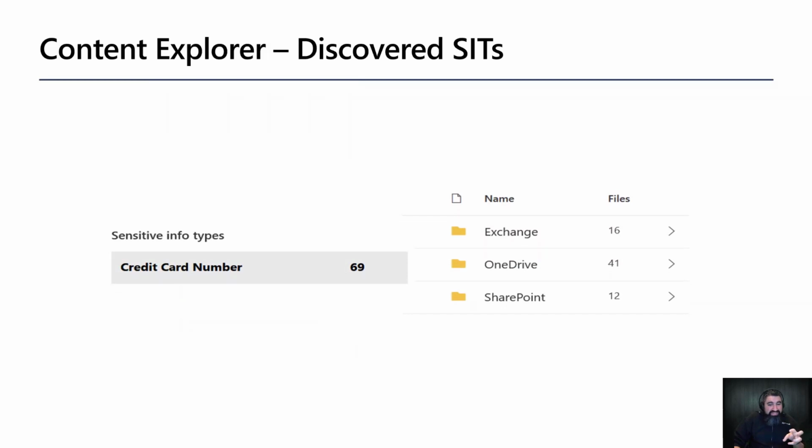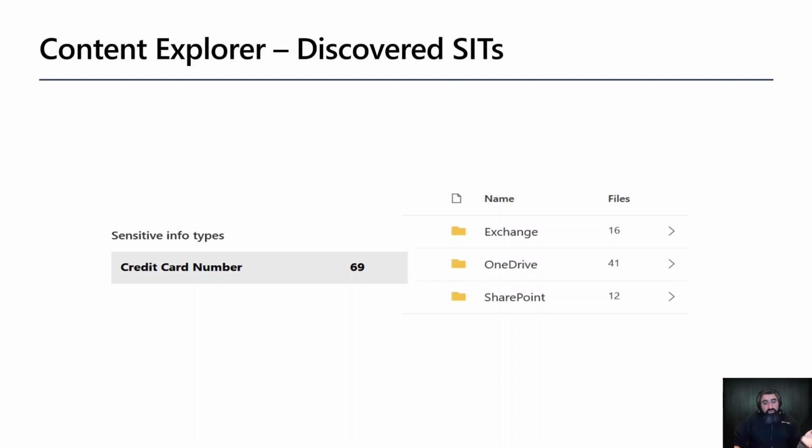Here we can see that there are 16 email messages that contain credit card number information, and we have 41 and 12 documents in OneDrive for Business and SharePoint Online, respectively, that also contain credit card number information.